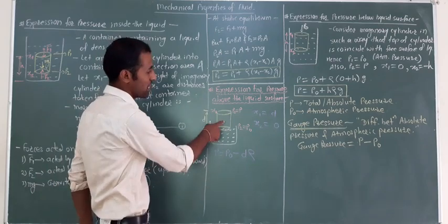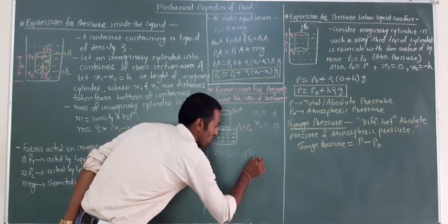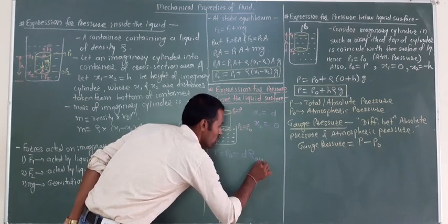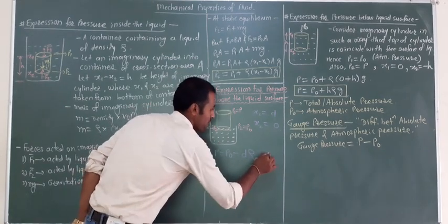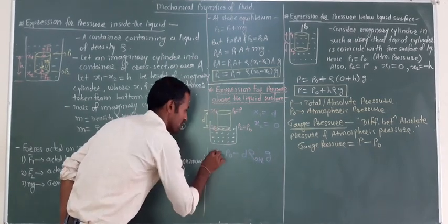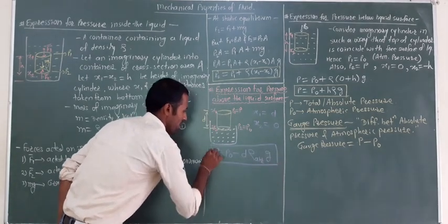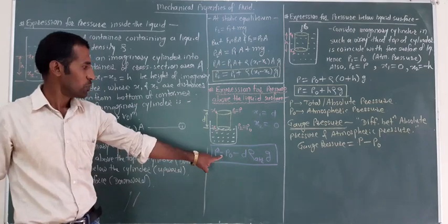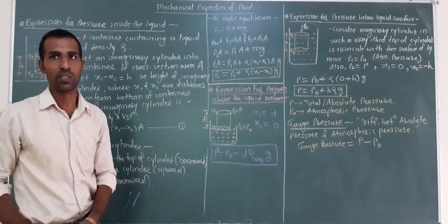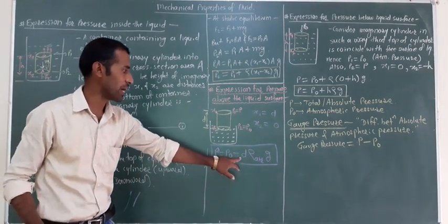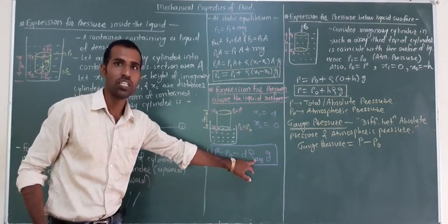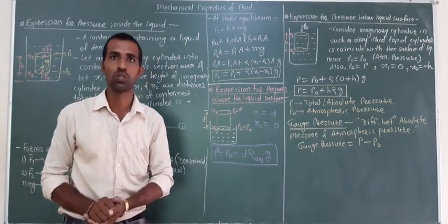So we have to take the density of air now. Density of air into acceleration due to gravity. This is the expression for pressure above the liquid surface: P is equal to P0 minus d into density of air into acceleration due to gravity.